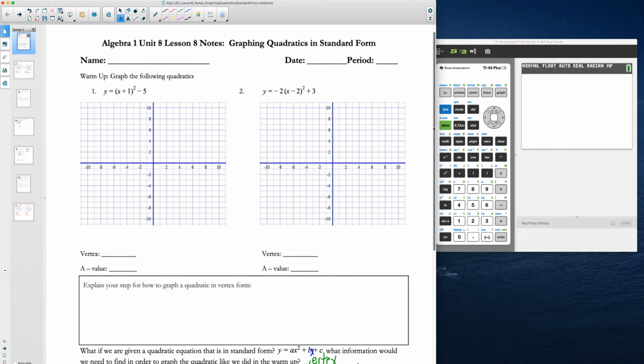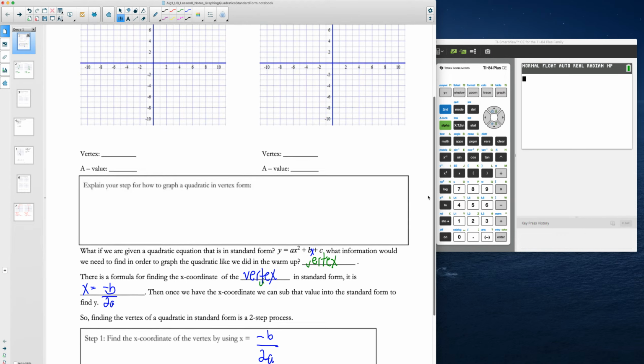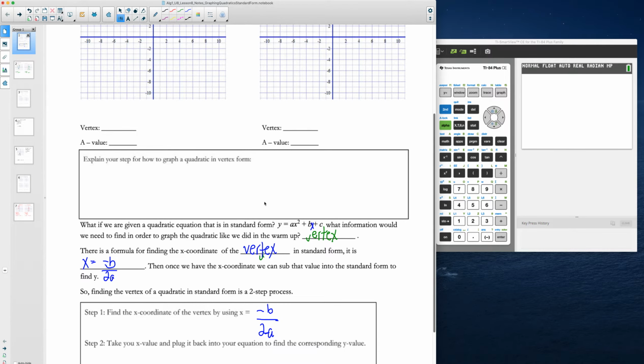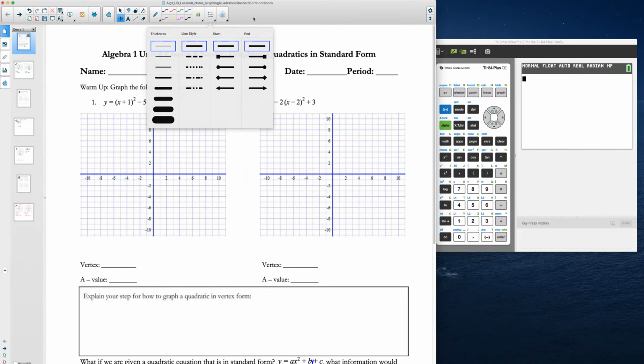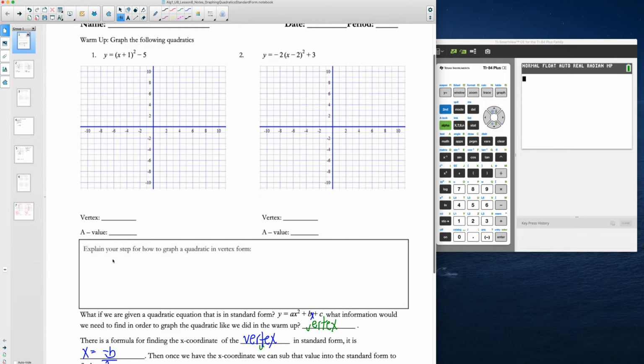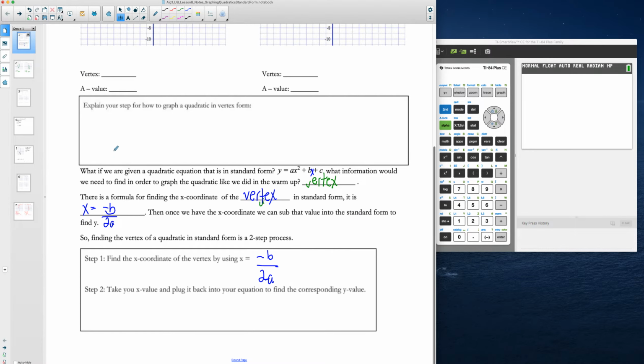And let me go ahead and summarize. So I wrote some stuff down here, but when we think about our steps, graphing in vertex form, that first step is that we want to find the vertex.